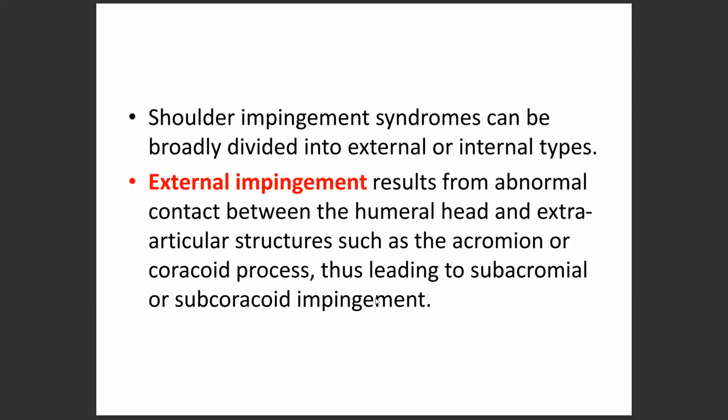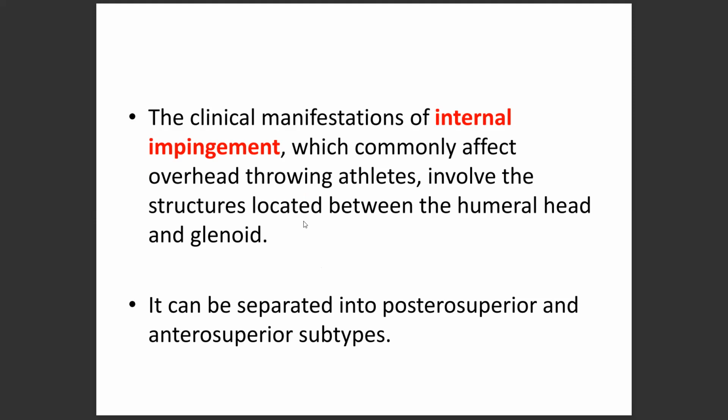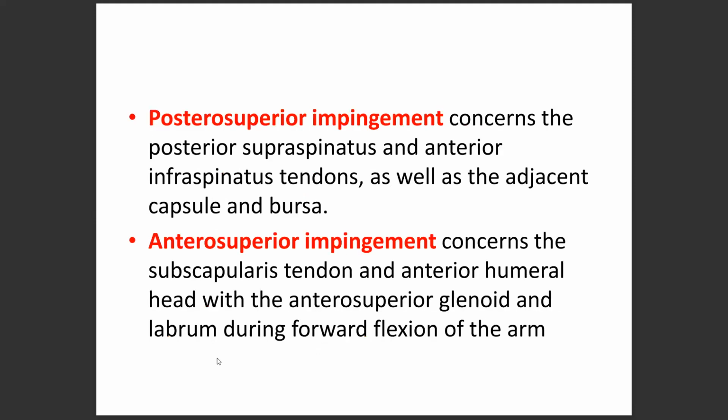So the subclassification of the external impingement was into the subacromial impingement or the subcoracoid impingement, while the internal impingement is divided into two subtypes, that is the posterior superior impingement or the anterior superior impingement. Now, what do we mean by posterior superior and anterior superior impingement?